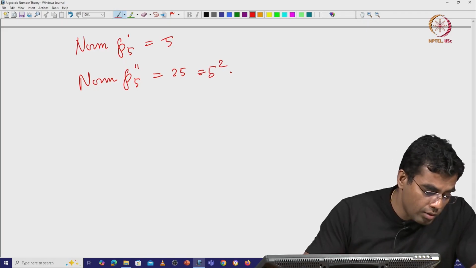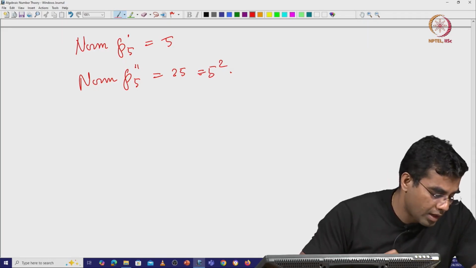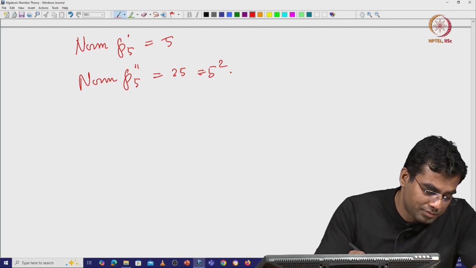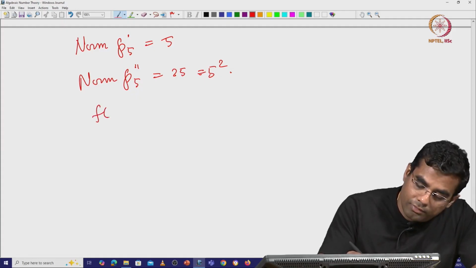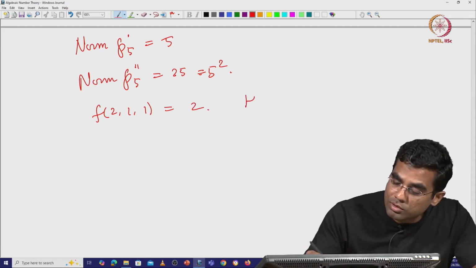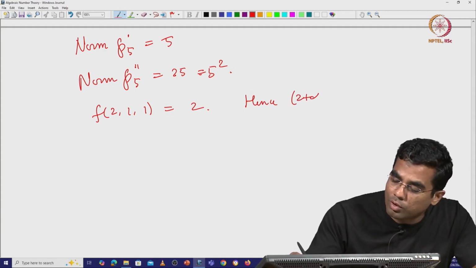Okay. So, now we are going to look at various combinations. So, you see that it turns out that f of 2, 1, 1 is equal to 2, you can compute this. So, I am just trying to find out what the ideal P2 etc. is.